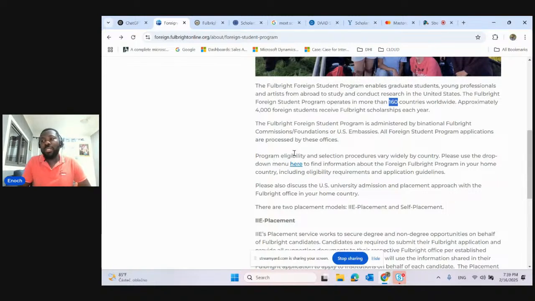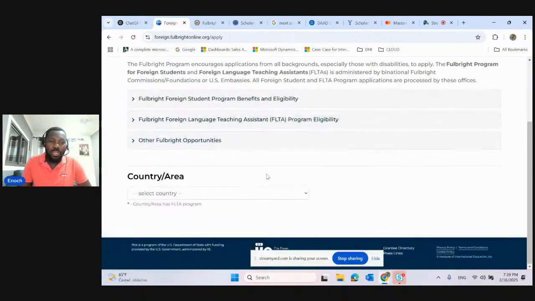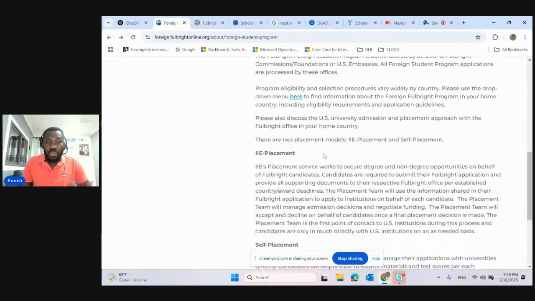The eligibility criteria is specified for each country, and you can find your country-specific eligibility criteria from a given site. They have a list of countries here, but if you don't want to go through this process here, when you go back, you will read everything.